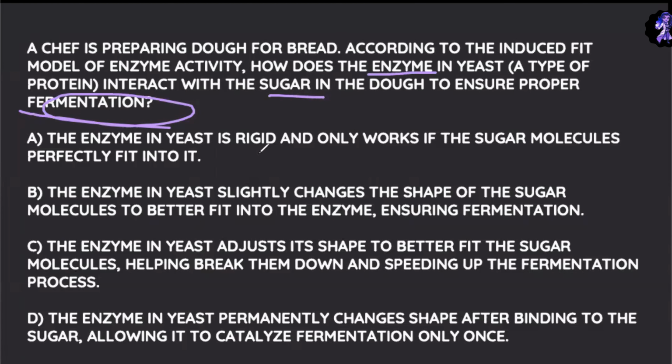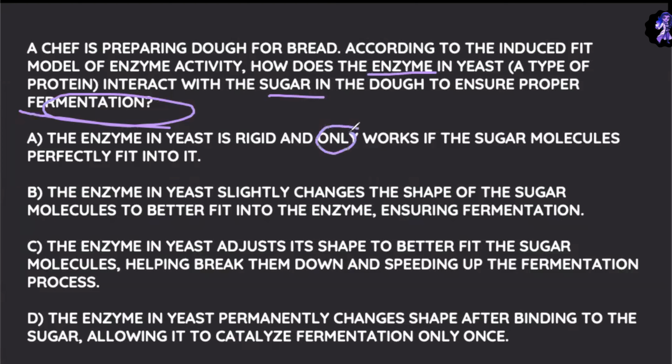So the first one says the enzyme in yeast is rigid and only works if the sugar molecules perfectly fit into it. So here's the thing with most, if not all, science questions, we want to stay clear of extreme options because in science or STEM questions in general, extreme answers are not really favored.